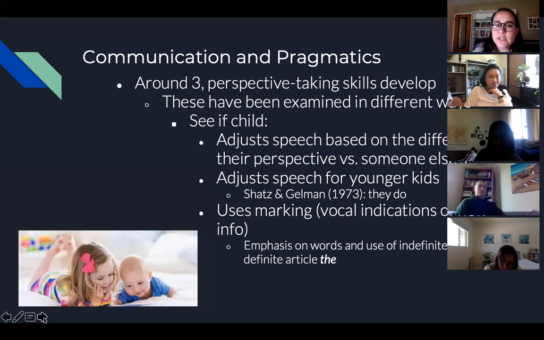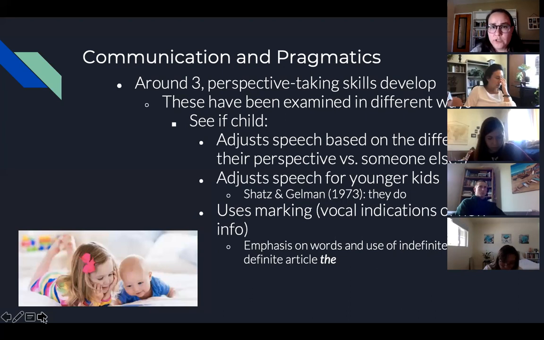In addition to this, children who are a little bit older, once these perspective taking skills have really started to take place around preschool, start to give their conversational partner context. They try to convey what is new information and what is already known, or what they think is already known, by the other person.